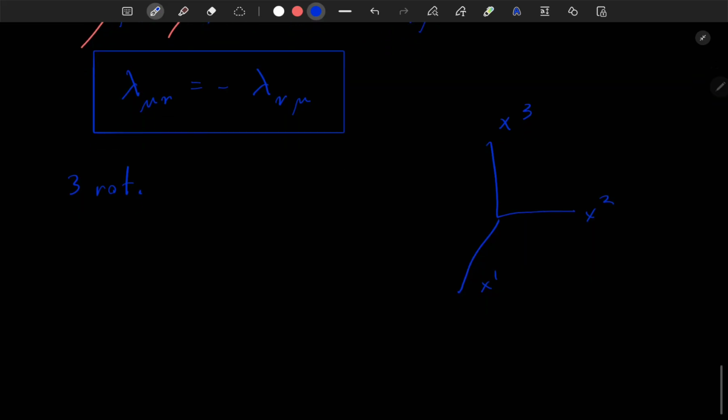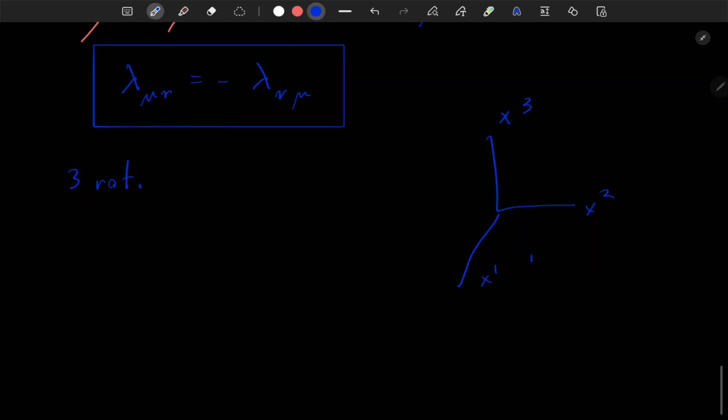And then you can also boost in any of those directions, which is a type of rotation between the time and spatial coordinates. So you have 3 boosts. So that means we have a total of 6 Lorentz transformations, right? 6 degrees of freedom going on.